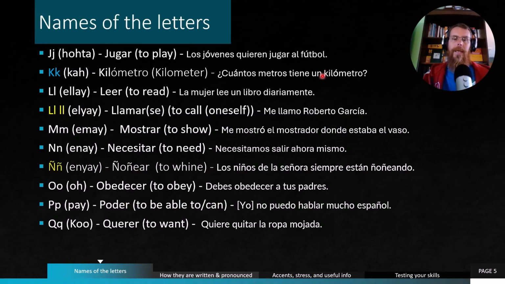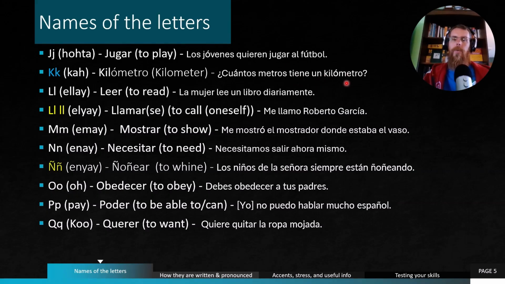Tiene un kilómetro. Okay, we're going to talk about this sentence structure because some people who are more advanced might think, why is it tiene and not tienen? Because this is plural. Well, because tiene is referring to un kilómetro and not metros. Basically, un kilómetro tiene cuántos metros is another way of reversing the order to give you the idea.